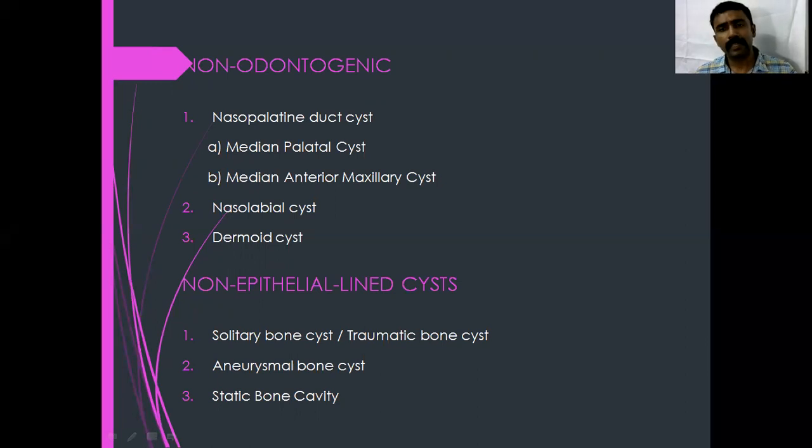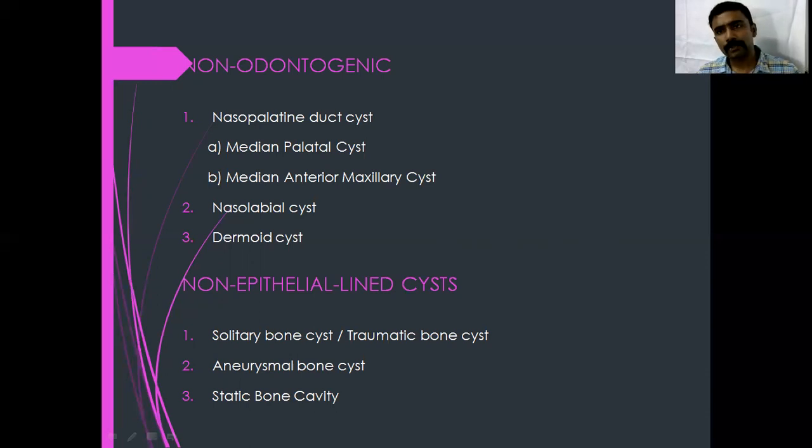A simple enucleation is definitely not enough. Enucleation of the cyst along with its lining and a peripheral osteotomy is done to prevent remnants adhering to the bone. We can also use chemical cautery solutions like Carnoy solution, which is alcohol, glacial acetic acid, and ether.